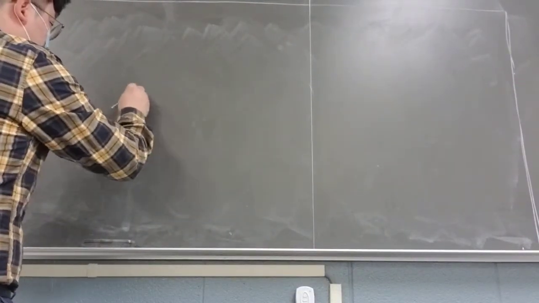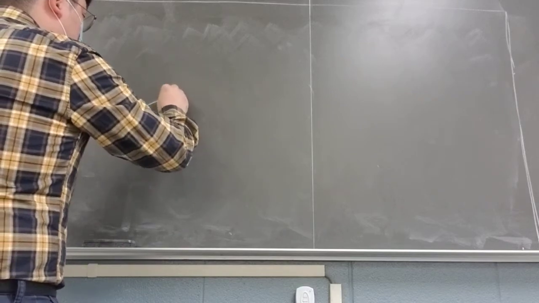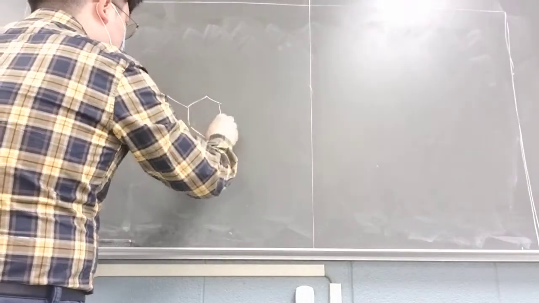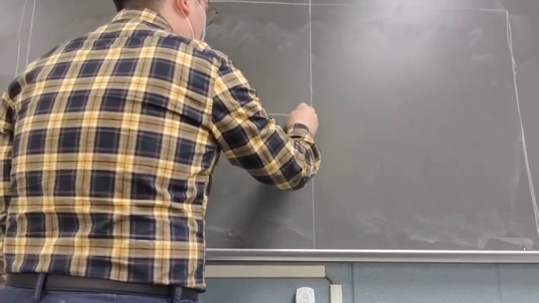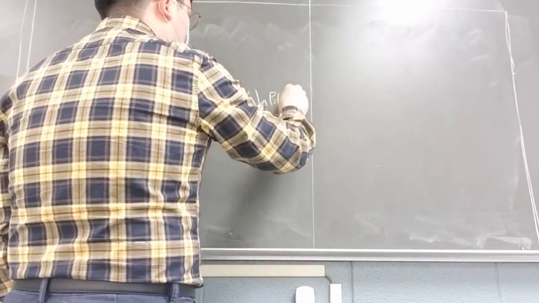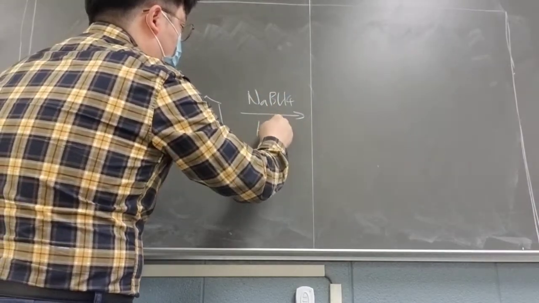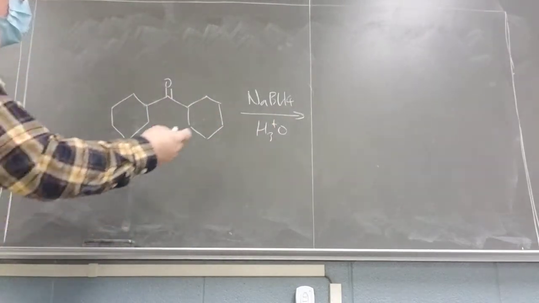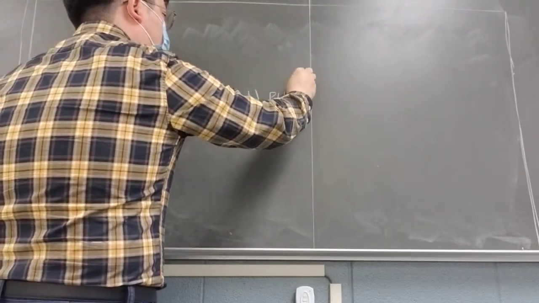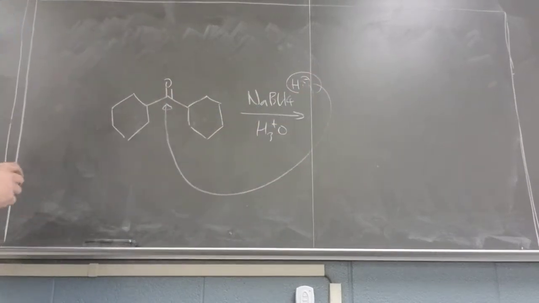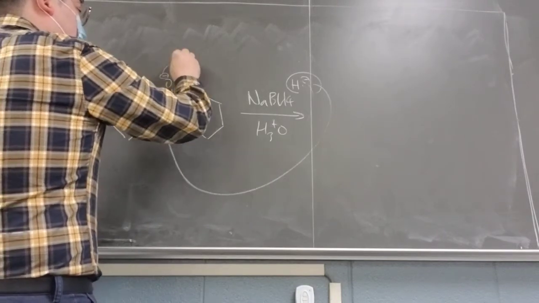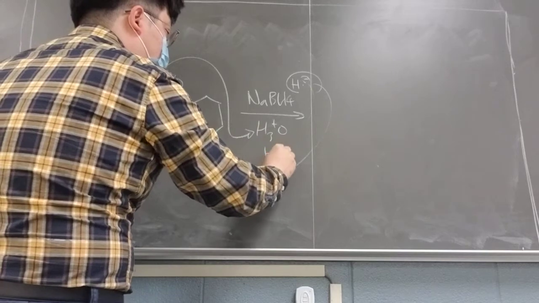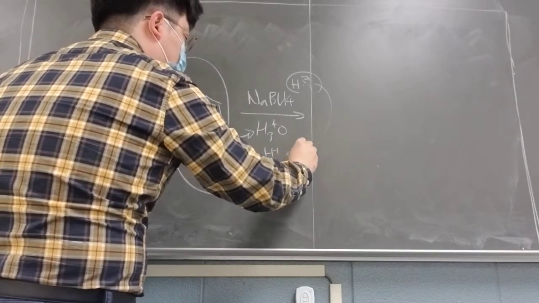So how about the ketone? We have a ketone here, right? Okay, this is a ketone because you have two R groups over here. So I'm just going to do the same thing: sodium borohydride and also the acidic condition. And then the hydride will donate from the borohydride, and the oxygen becomes negative and picks up the hydrogen, and becomes this one.